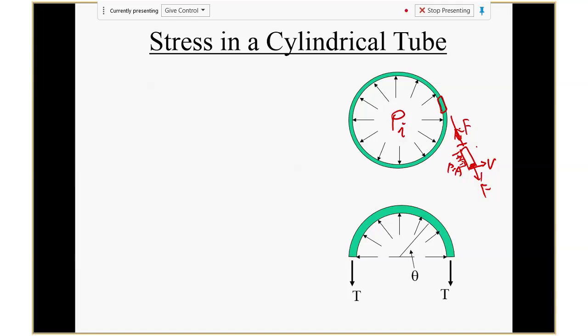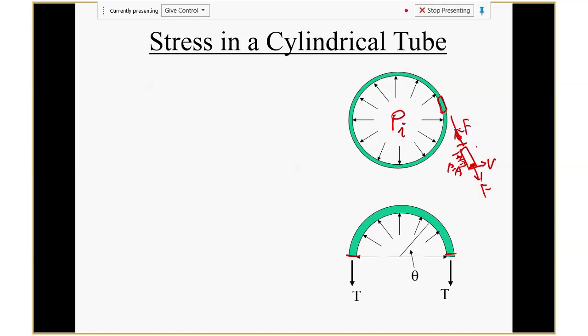Okay, so to find that, can we make it somehow a little bit easier instead of just looking at this small block? Can I cut this cylinder into 2 halves? Okay, why do you want to cut it into 2 halves instead of cutting that small block? If I cut it in half, now, what kind of load is on this half?